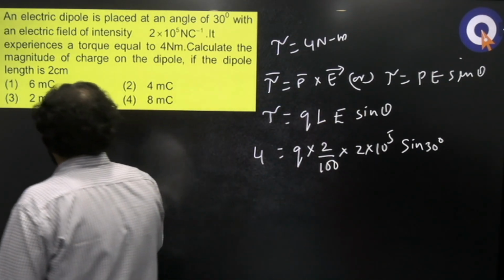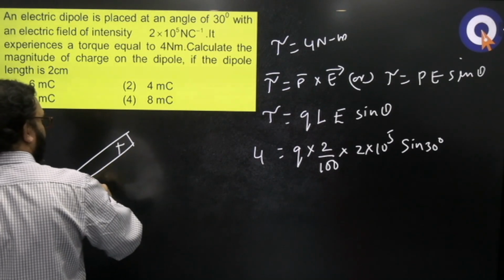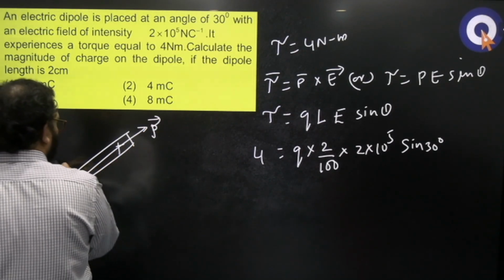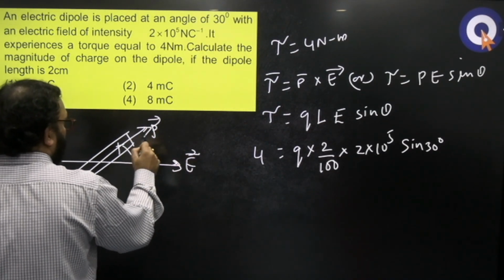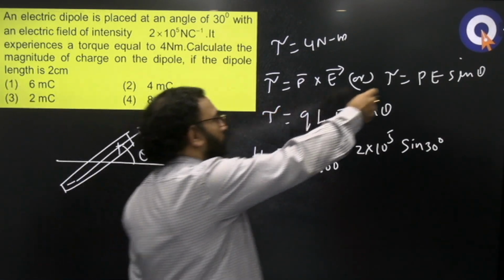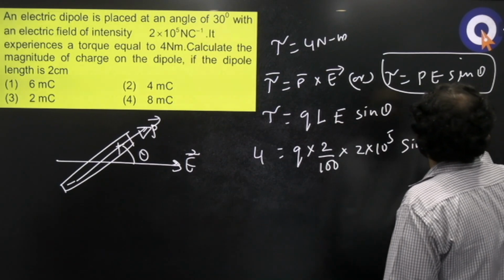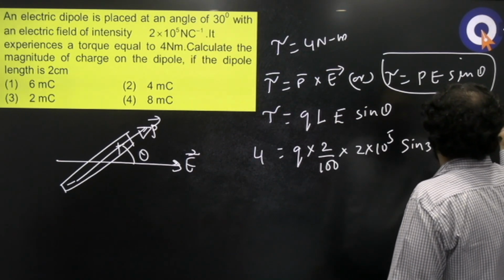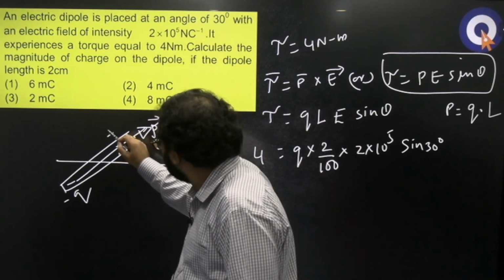Suppose this is a dipole, this is the dipole moment, and this is the field direction. This is the angle theta that the dipole makes with the field, and this is the relation P E sin theta. P stands for dipole moment, which is the magnitude of any one charge, without taking sign, into the length of the dipole. This is minus q, this is plus q.